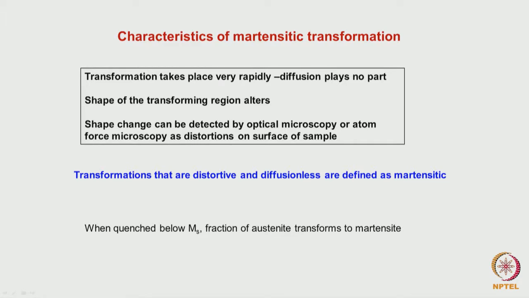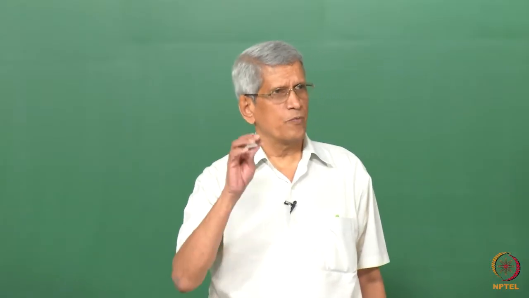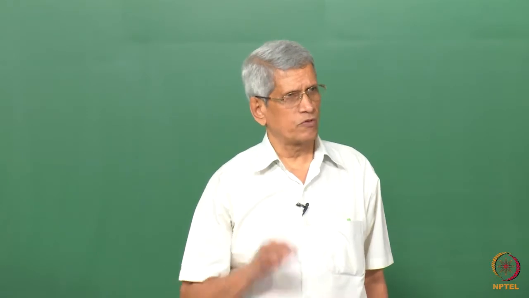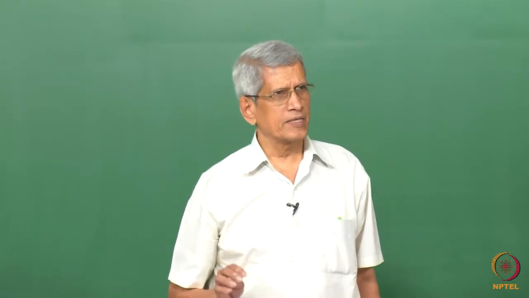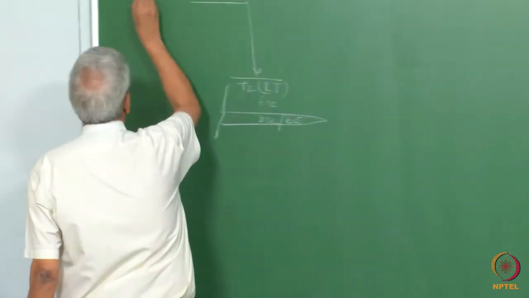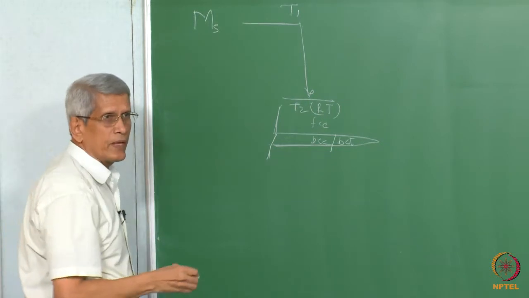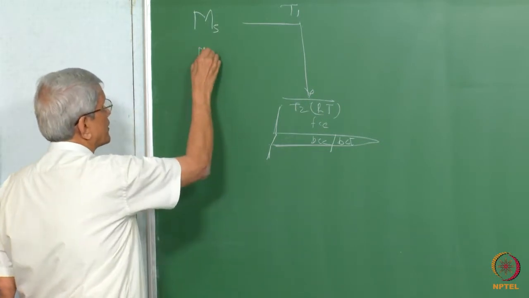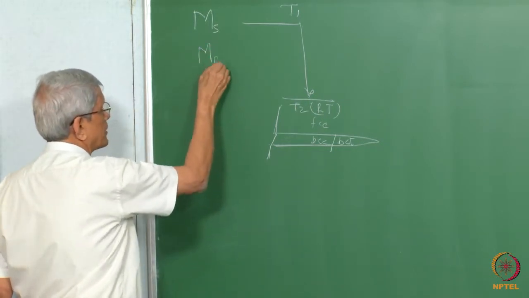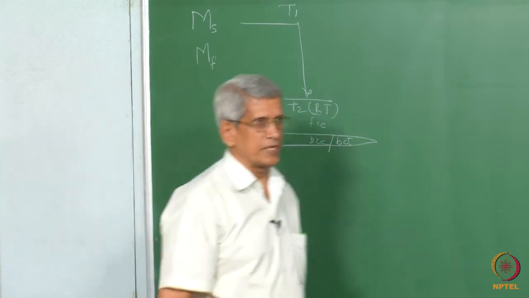As I mentioned, when we quench the sample up to a certain temperature there is no transformation, and when you quench below a temperature, this transformation starts. This temperature is generally written as MS, that is the Martensite start temperature, and the transformation gets completed at some lower temperature called the Martensite finish temperature.